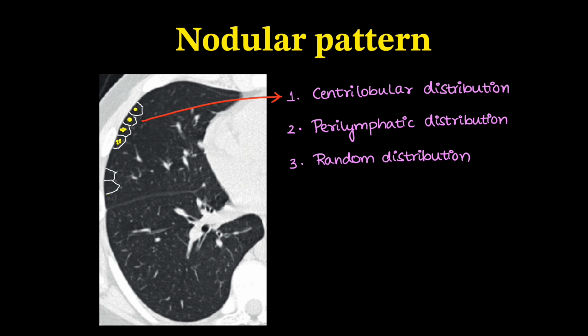They are centrilobular nodules. And here what we can see along the interlobular septa, along the fissures, and along the peribronchiolar areas, all these are the perilymphatic distribution of nodules. And those which are randomly distributed, which do not fit into the above two, are the random distribution of nodules.